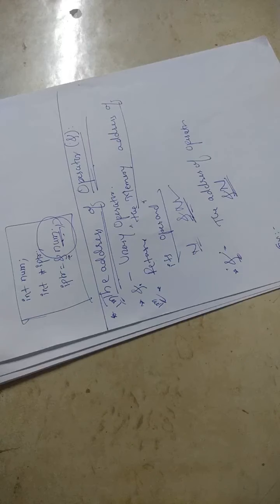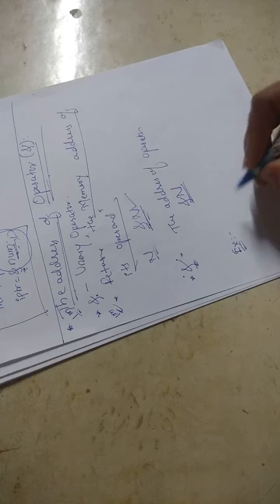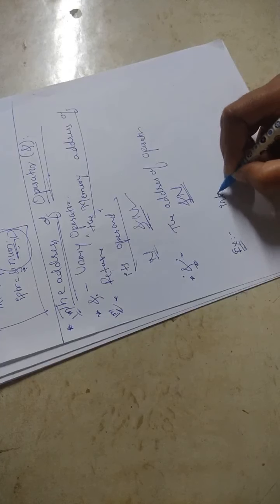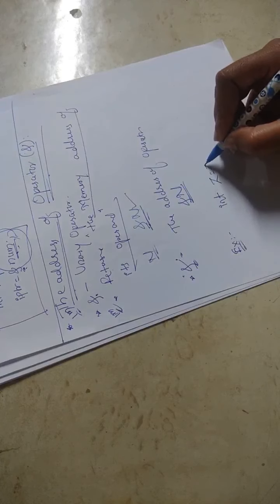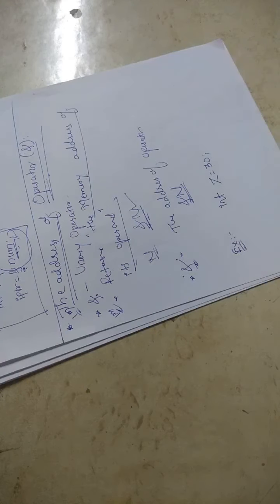How can we write the example? In the same way we had written for the initialization, the example you can write: int z = 30. So we have a variable of integer type z, and one value has been assigned to it, that is 30.